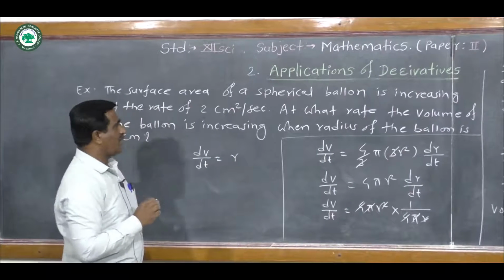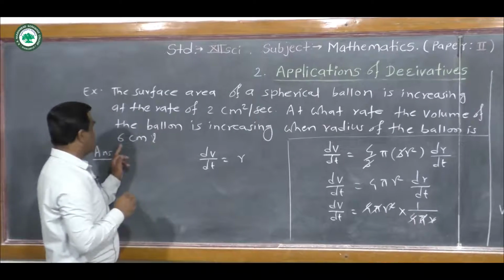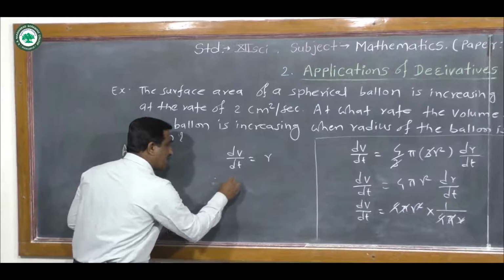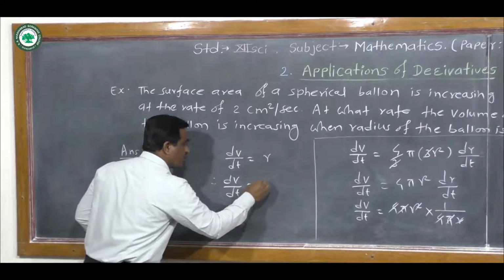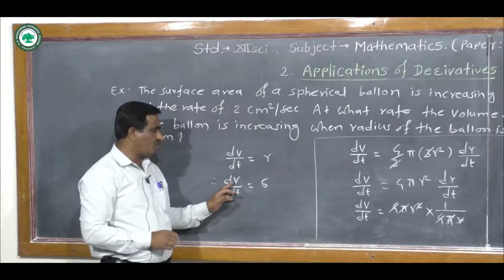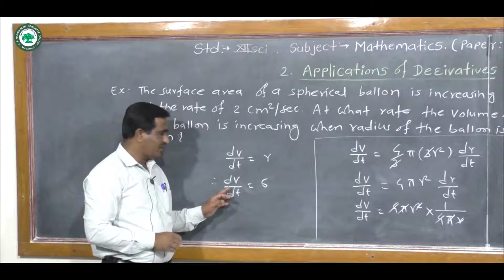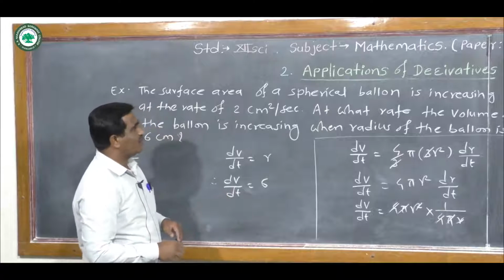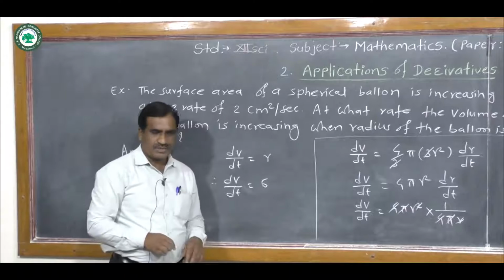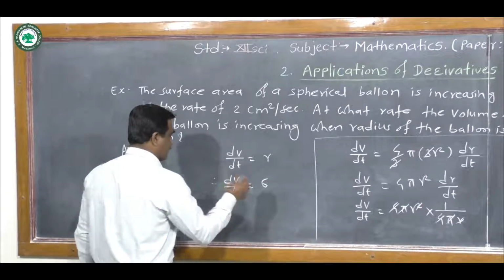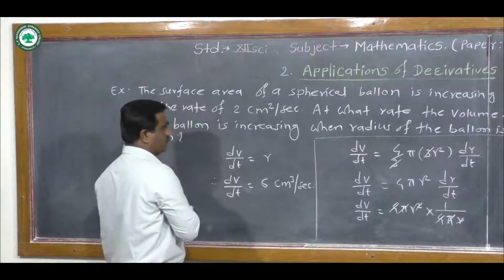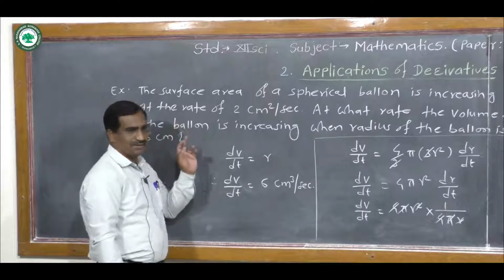But we are given that the radius of the spherical balloon is 6 centimeters. Therefore put this value here, and dV by dt is equal to 6. This means the rate of change of volume of the spherical balloon at time t is equal to 6 centimeter cubed per second. This is the answer for this example.